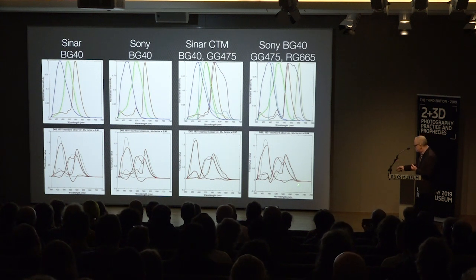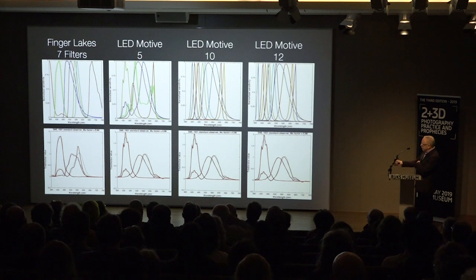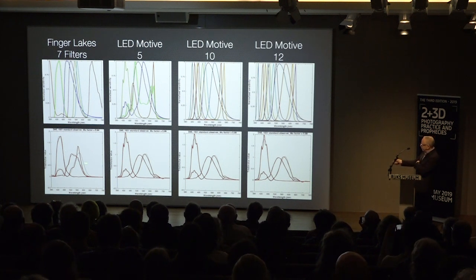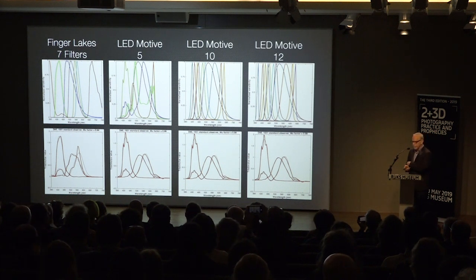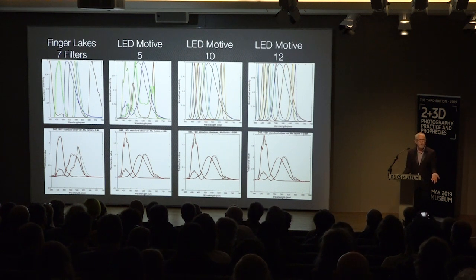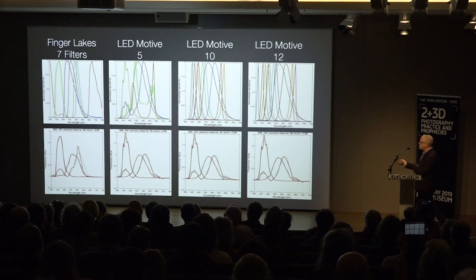Here's the Sony, not so good. Notice that as we start adding filters, particularly when we get to the LED systems, the fits are all really close. So the ability to have multiple channels is improving my color accuracy potential.